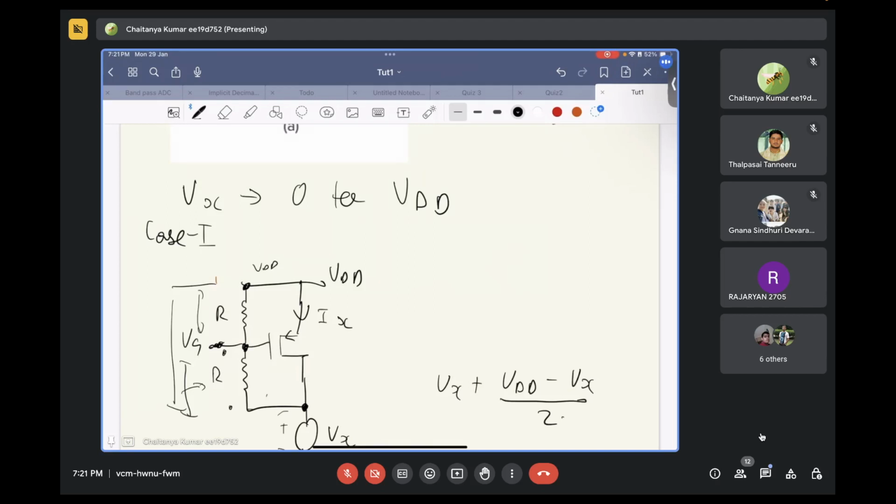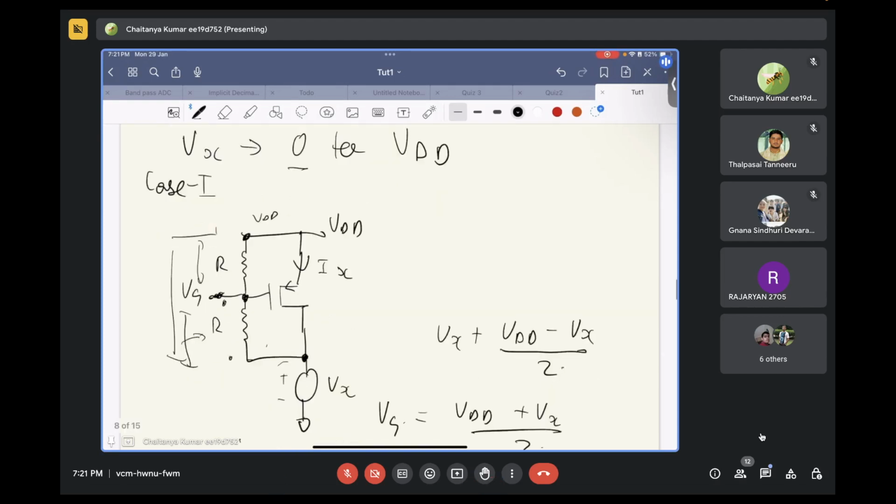This is the condition that needs to be satisfied, and I am saying that Vx varies all the way from 0 to VDD. So let's say this remains the drain, this remains the gate.